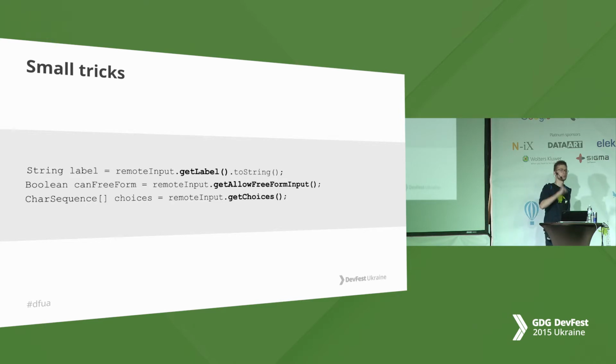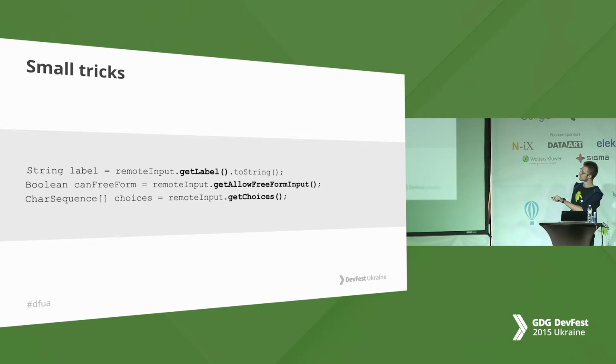And there are small tricks we can perform on the remote input, because it's not that easy in most cases. Because the developer could specify limits on the user to some choices. For example, maybe that notification on a smartwatch allows the end user to choose only yes or no, or some list of vegetables, and they can dictate an answer to select one of the possible inputs.